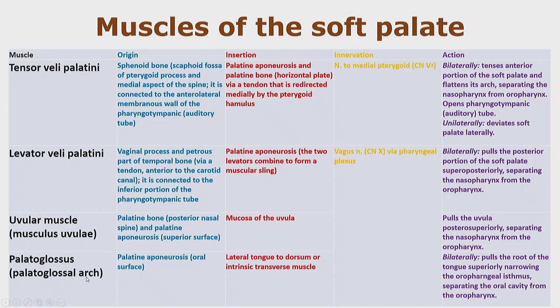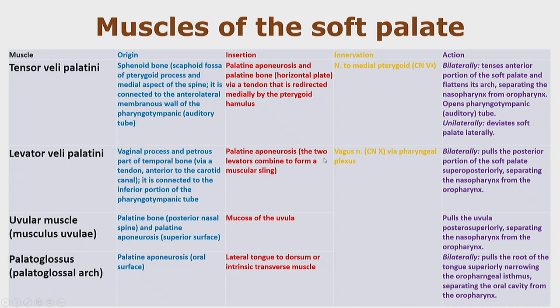Another important thing that you can see at first sight is the innervation. As you see, all muscles of the soft palate, including the palatopharyngeus muscle, are innervated by the pharyngeal branch of the vagus nerve, which together with the glossopharyngeal nerve, cranial nerve number 9, makes the pharyngeal plexus. Yes?